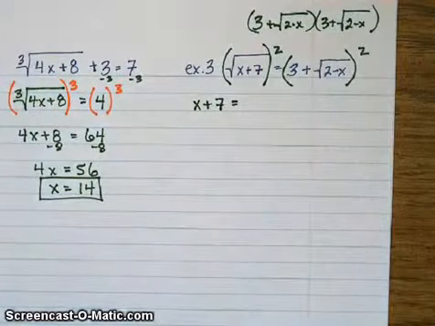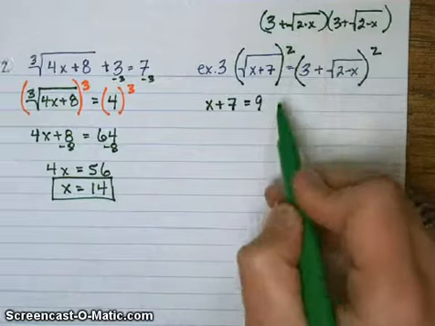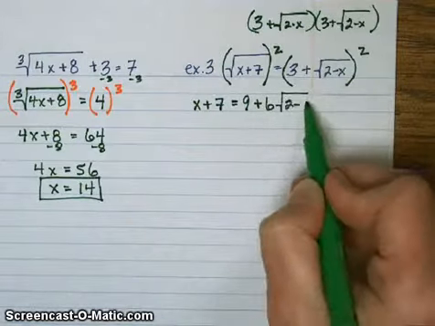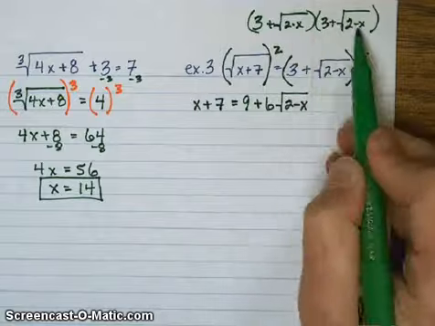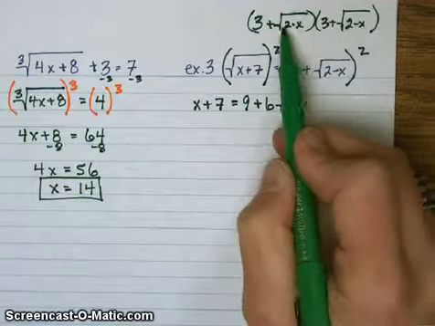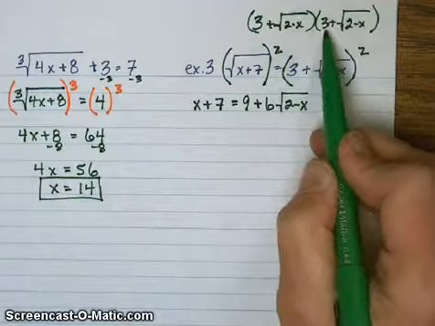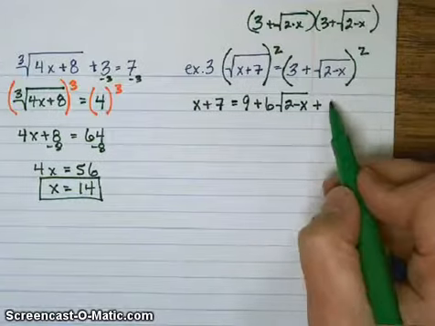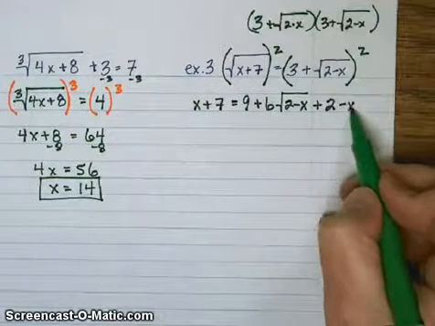The next term is going to be 3 on the square root and 3 on the square root. So I'm going to have 6 on the square root of 2 minus x. My last term, it's kind of nice because it's the square root of 2 minus x times the square root of 2 minus x, which means the square root goes away, and I just have 2 minus x.